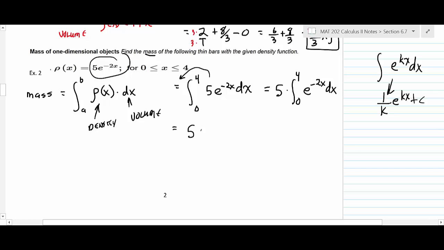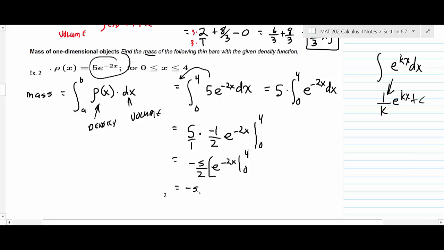When you work with that integral, you want to know that without having to do u substitution. So that'll be 5 times negative 1/2 times e to the negative 2x, evaluated from 0 to 4. Let's work this out. You can put that over 1. That would be negative 5/2, and then we're doing the integral of e to the negative 2x from 0 to 4.